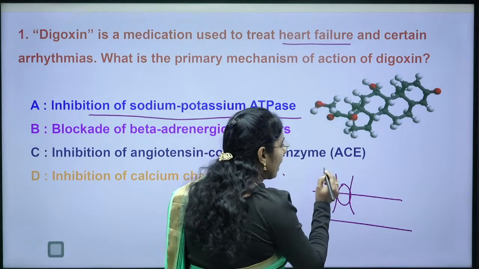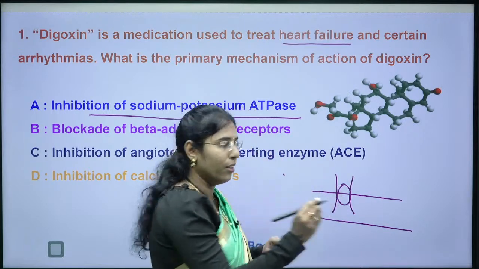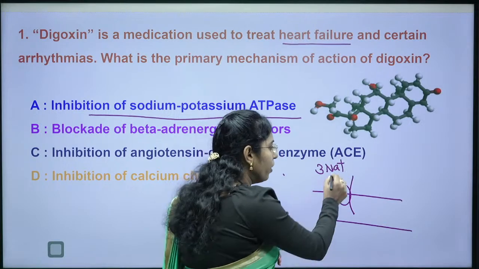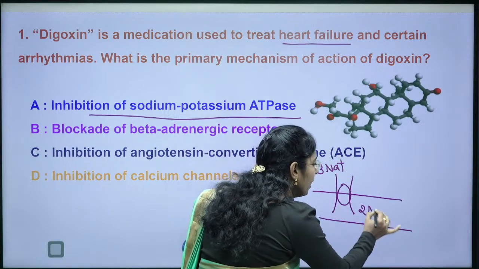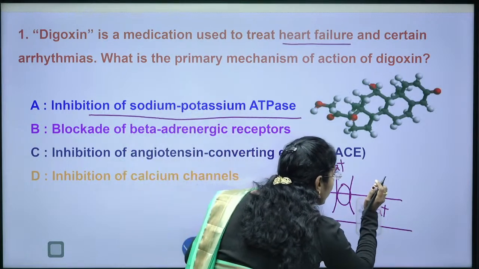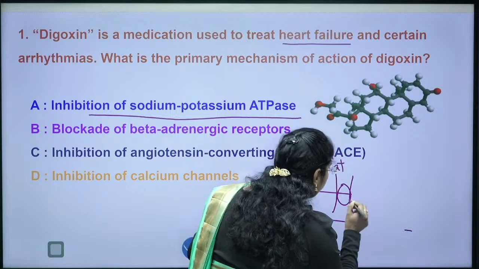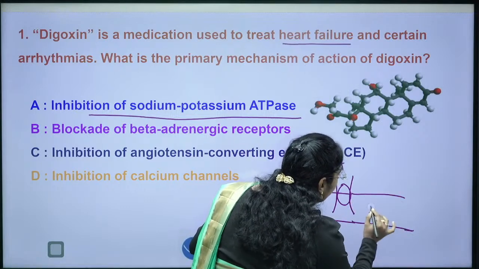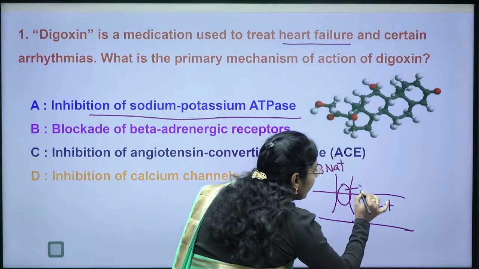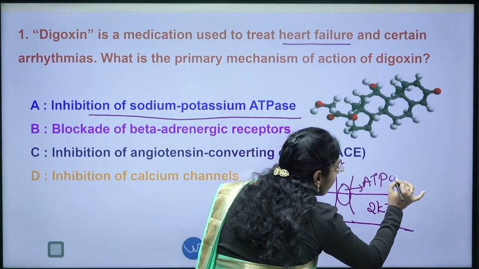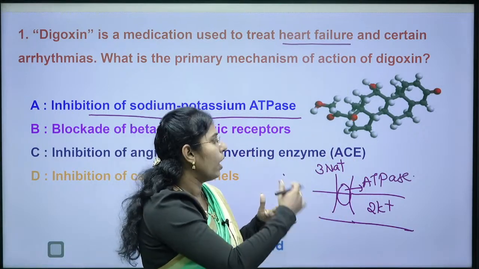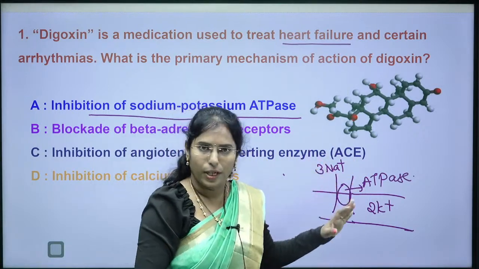For every 1 ATP, 3 sodium ions are excluded out of the cell, and 2 potassium ions enter the cell. So the ATPase enzyme is responsible for the influx and outgoing of the sodium and potassium ions.